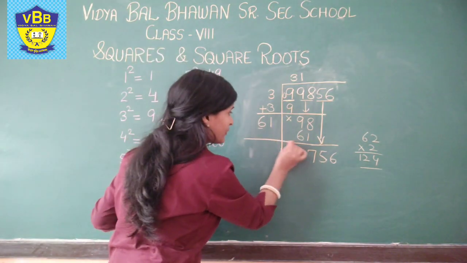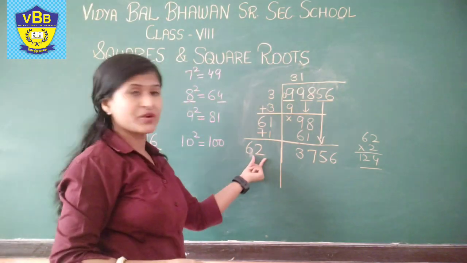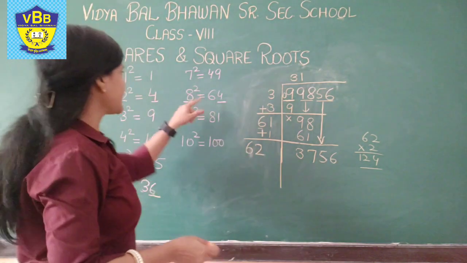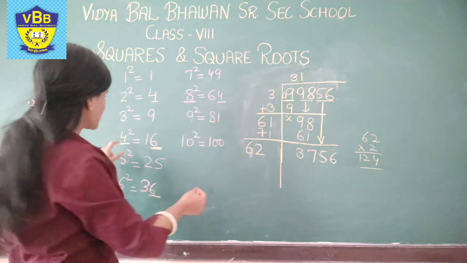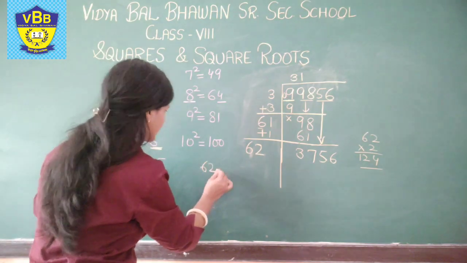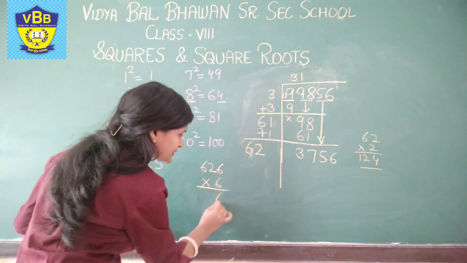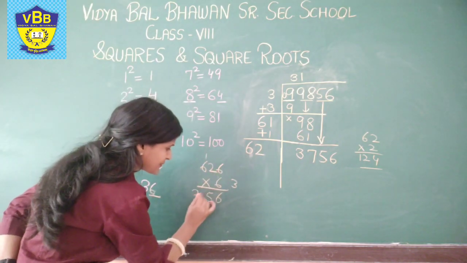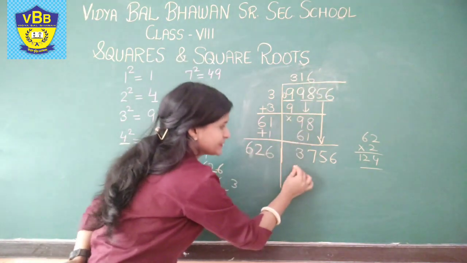Now add 1 here, it makes 62. What number should we multiply so that we get 6 as a ones digit? It might be 4, or it might be 6. So take first 6: 6 sixes are 36, 6 twos are 12 plus 3 is 15, and so on, making 3756. So it is completely divisible.